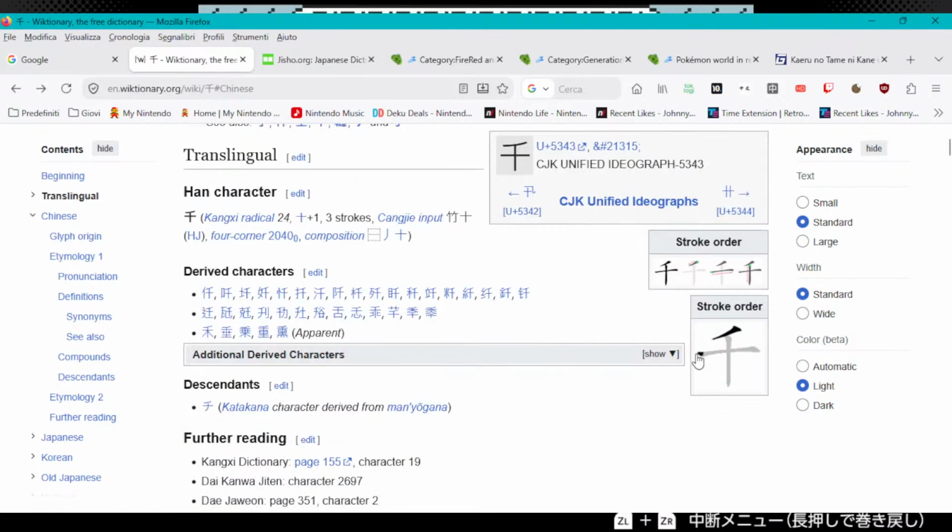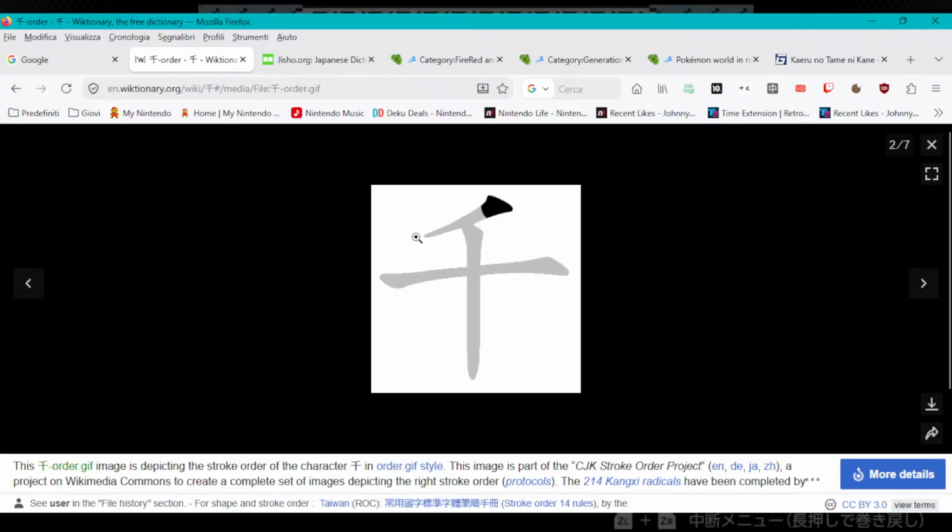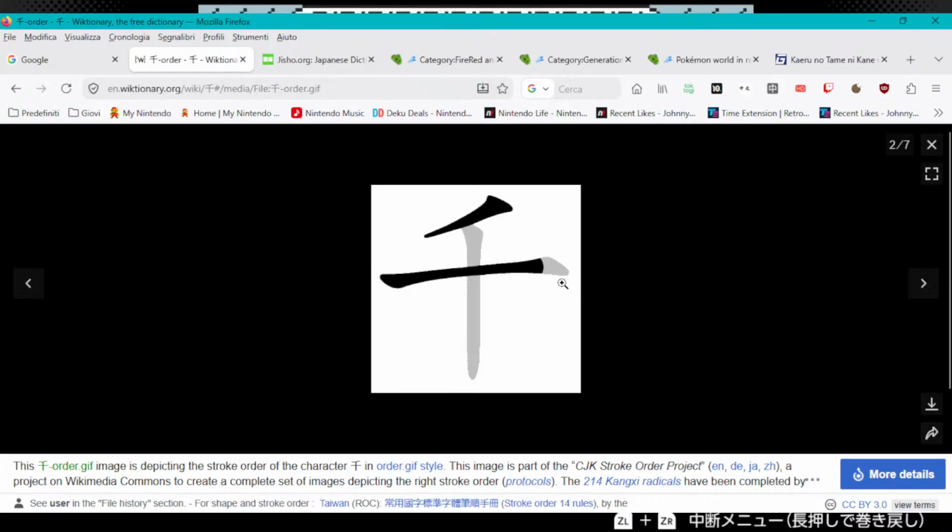Let's check out the stroke order. Really easy, pretty short. Anyway, we start again on top here with this slanted stroke, top to bottom, left to right, and then top to bottom, this one. And top to bottom slanted, left to right, top to bottom.